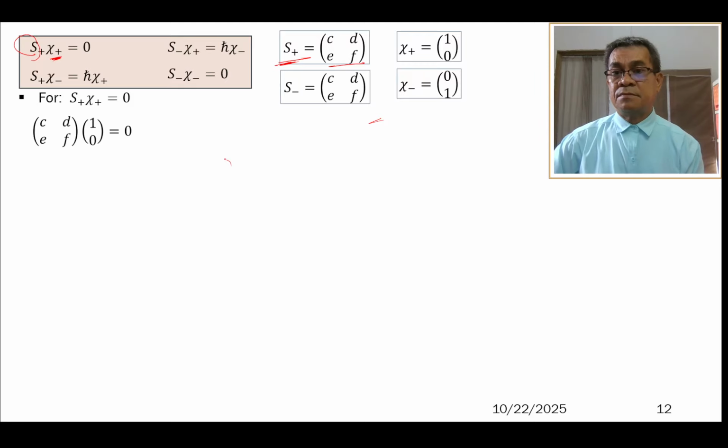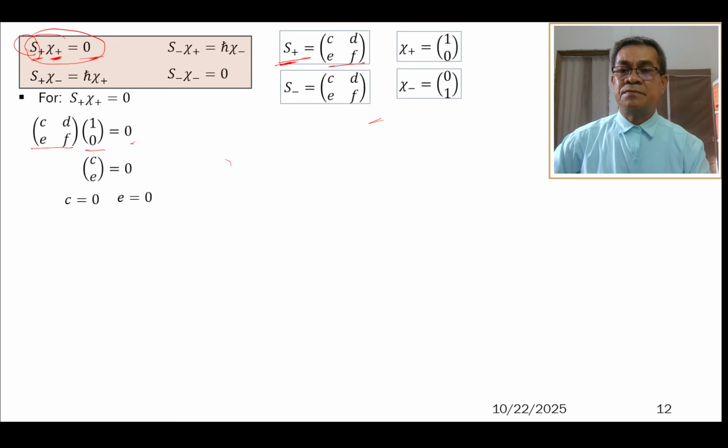Take note, using this equation, we have this raising operator in terms of a 2 by 2 matrix, and we have this spin up, and the answer is 0. That's according to this statement. Then simplify, and we can say that C is 0, then E is also equal to 0.